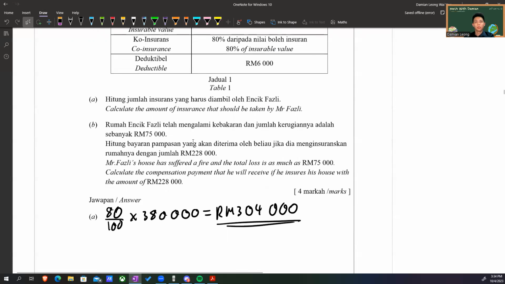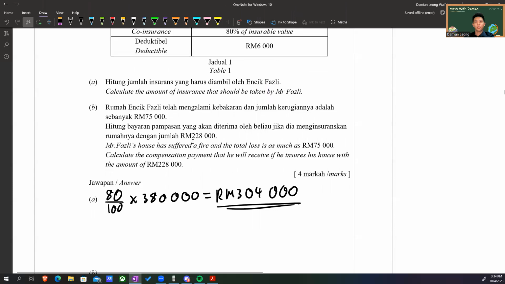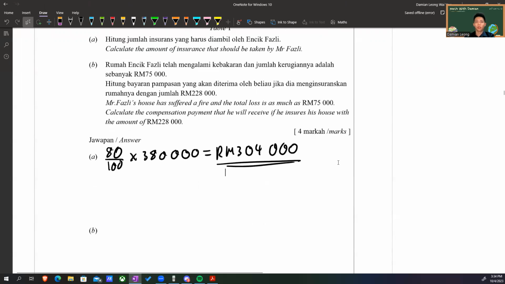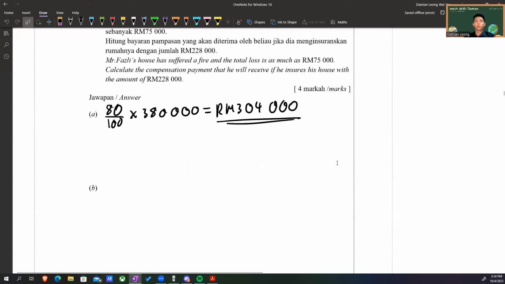Then, Mr. Fasli's house suffered fire and the total loss is 75,000. The compensation he received is that he insured with 228,000. So he only insured 228,000.